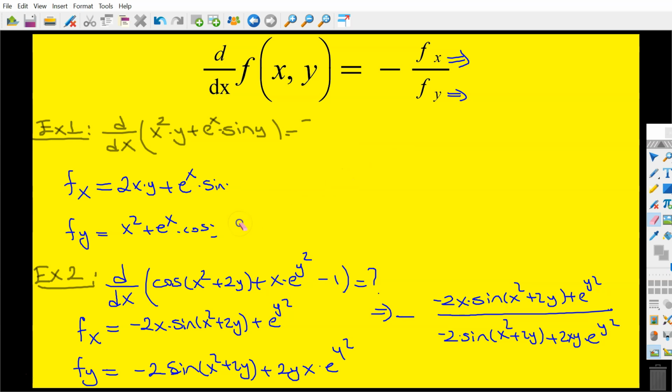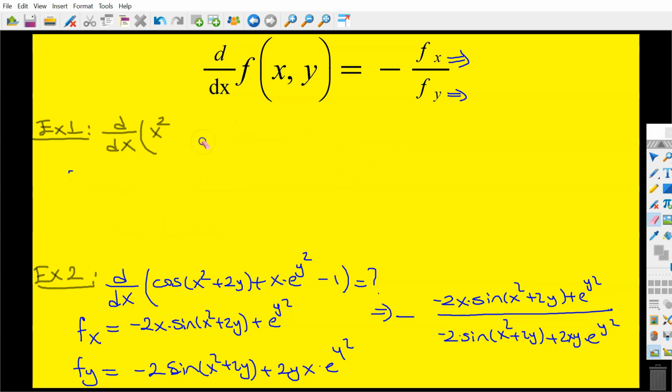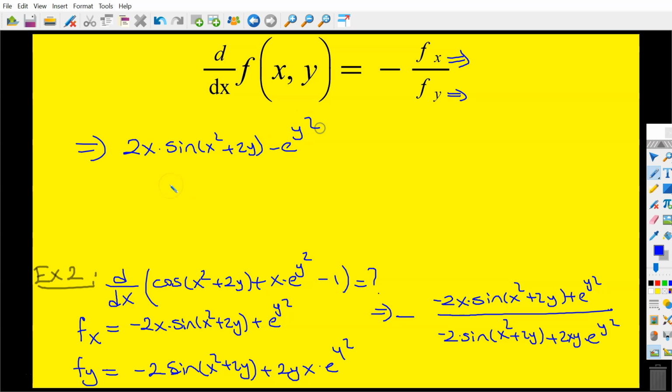Especially when dealing with calculus problems, we always need to put our answers in the simplest form. So if I put this answer in the simplest form, we get 2x times sine of x squared plus 2y, minus e to the power of y squared, divided by 2xy times e to the power of y squared, minus 2 sine of x squared plus 2y.